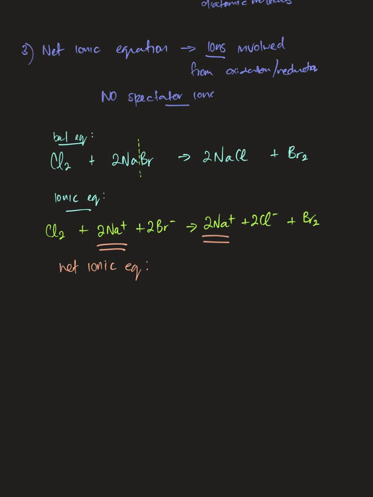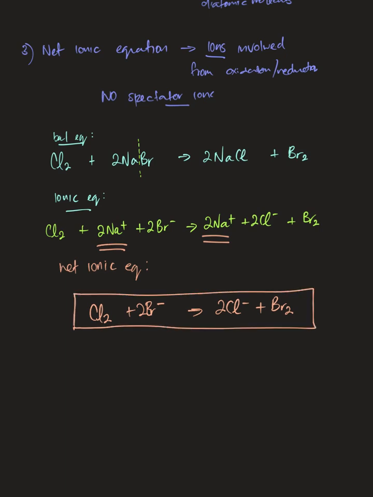So what I'm left with then is Cl2 plus 2Br minus gives me 2Cl minus plus Br2. And that would be my net ionic equation for something like this.